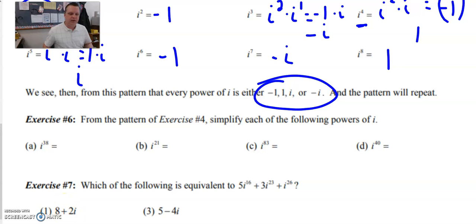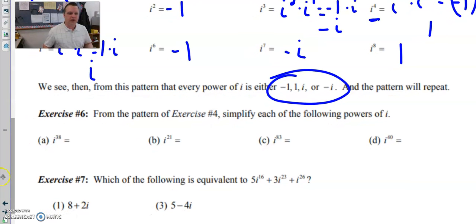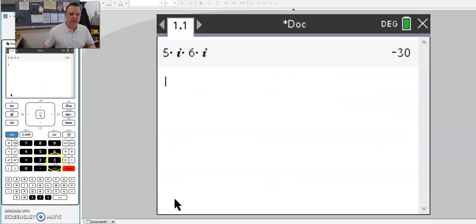So when you look at the example in your notes, here we are. I to the 38. You want to go through and do the pattern, on and on and on, fine, go ahead. What we would like to do is you take 38, and it's a pattern of 4, so 38 divided by 4 as a decimal. Enter. You get 9.5. I'm not worried about the 9.